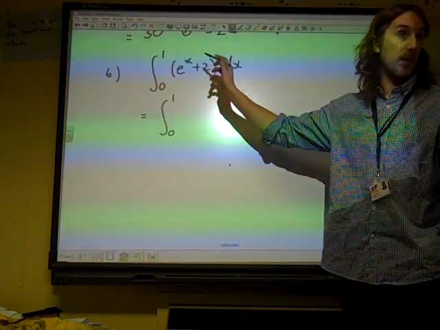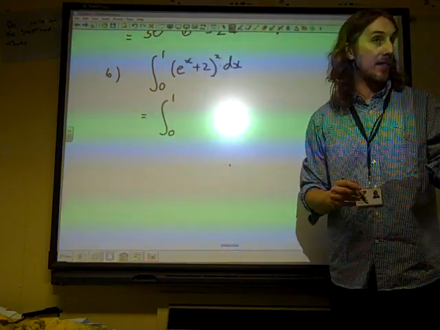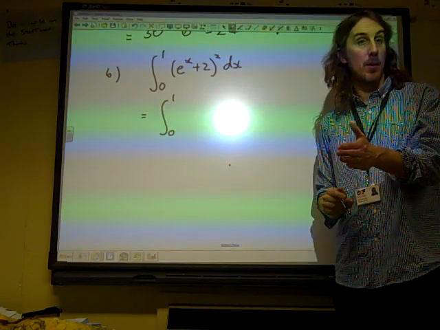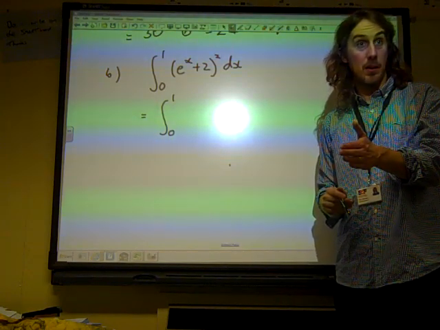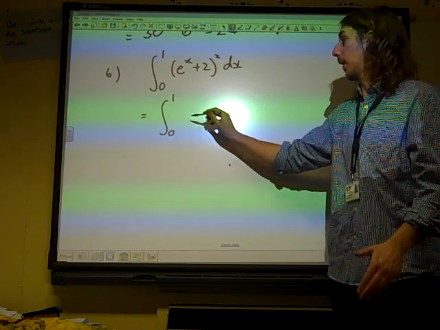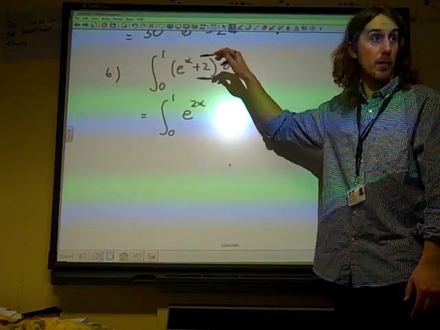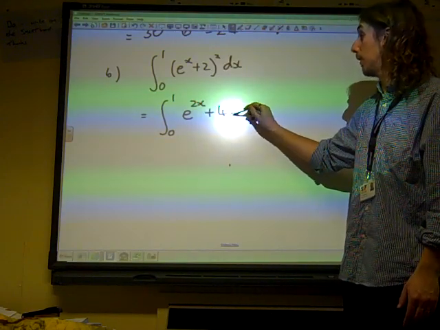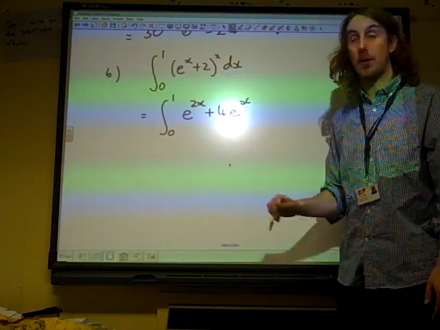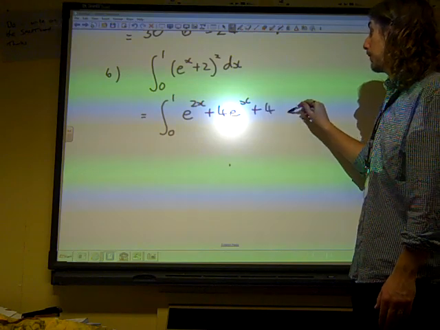So we have to multiply out this bracket. Now e to the x times e to the x would give us e to the 2x. E to the x times 2, and then another e to the x times 2 would give us 4e to the x, and 2 times 2 is 4.